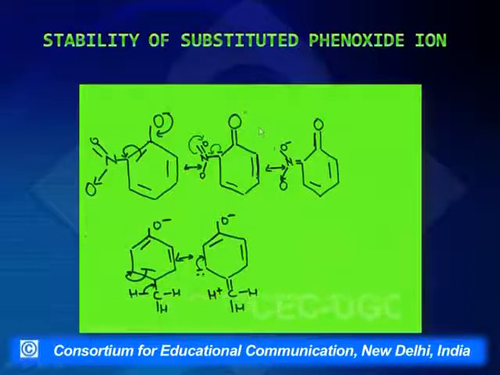So nitrophenol is acidic, whereas in this case, because of the plus hyperconjugative effect, the negative charge on oxygen increases and this base becomes strong. So its conjugate acid is weak.